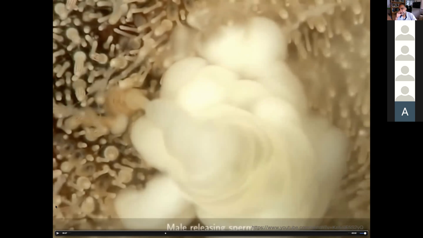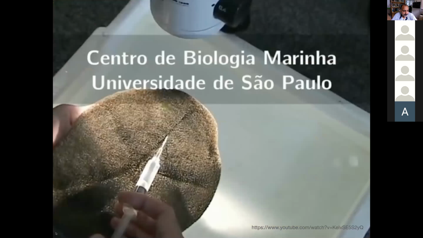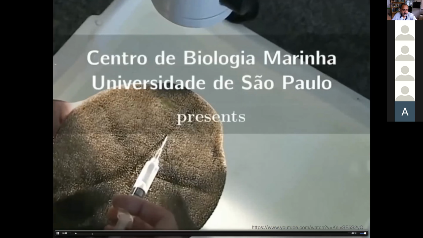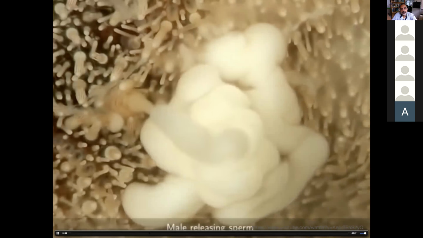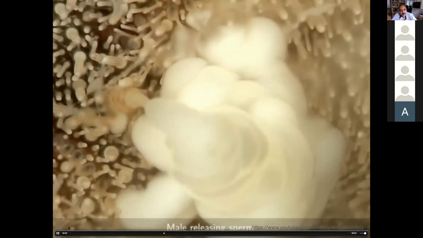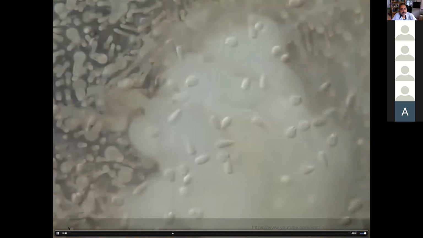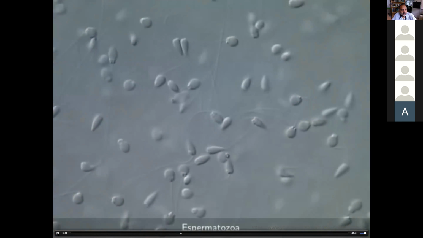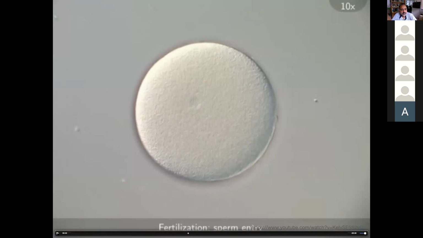So before we go any further, one thing I want to bring up here is that the Ascidian is of course a marine animal, and remember these marine animals, they're not solitary. There are many different types of marine animals, all trying to fertilize.